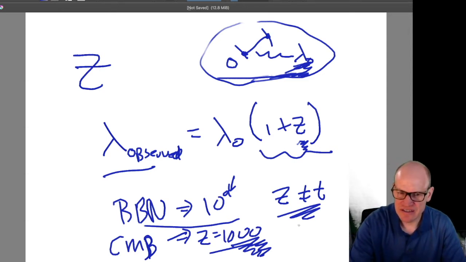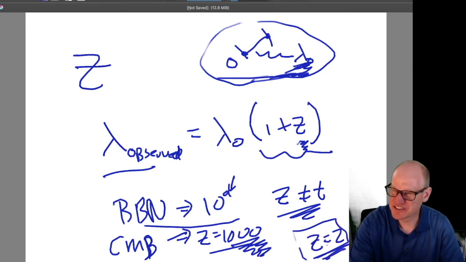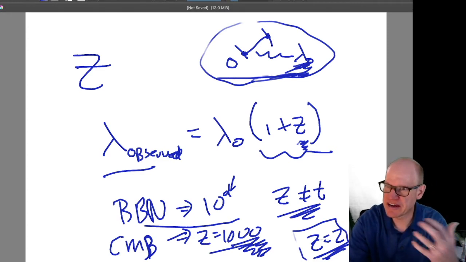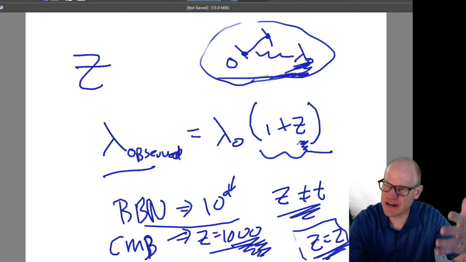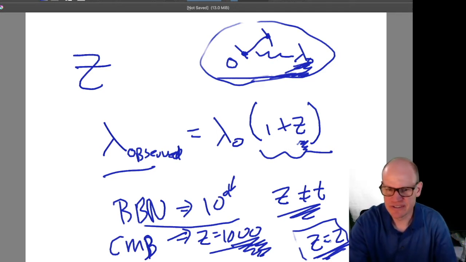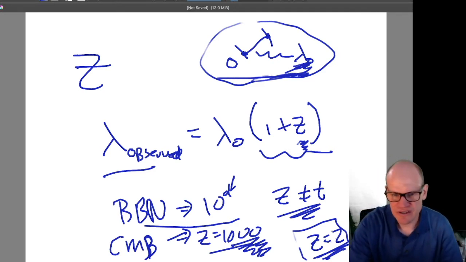A redshift of 2 is almost half the age of the universe, I think, something like that. So a redshift of a few is half the age of the universe, and then the other half of the age of the universe is from redshift, let's say 2, it might be 3, back to infinity.